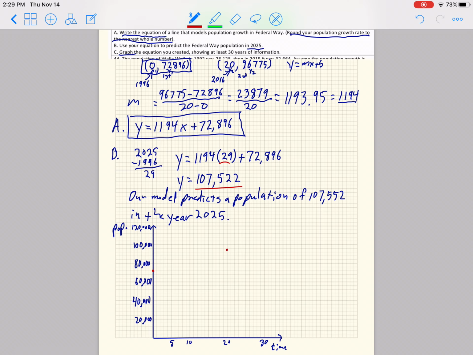So halfway would be 110, so it's a little under that. Something like that. So we've got our population, looks something like this. So there we've got a model that approximates or estimates the population given how many years since 1996 have passed.